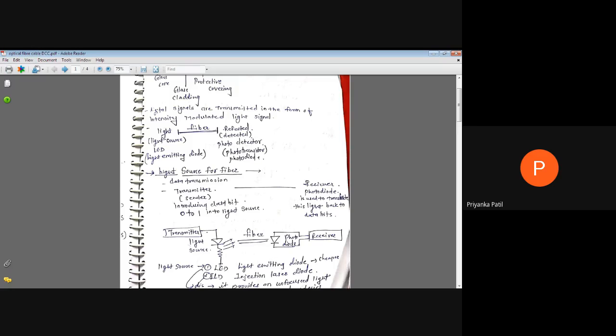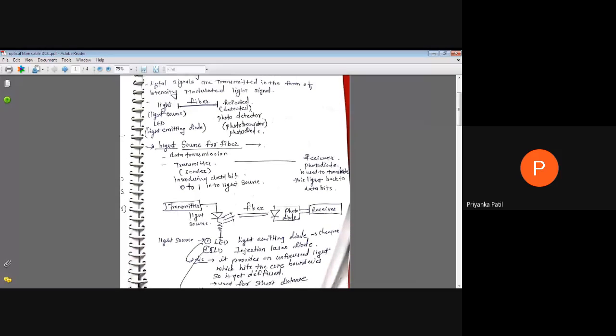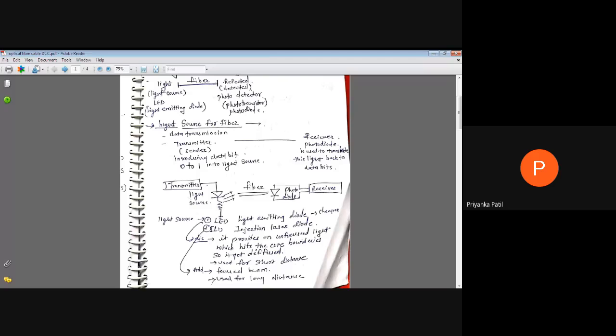At the receiving side, the photodiode is used for translating this back to its original bits. Here is a diagram. The transmitter generates the light, then with the help of fibers it is reflected to the photodiode, and after that the photodiode is connected with the receiver side.